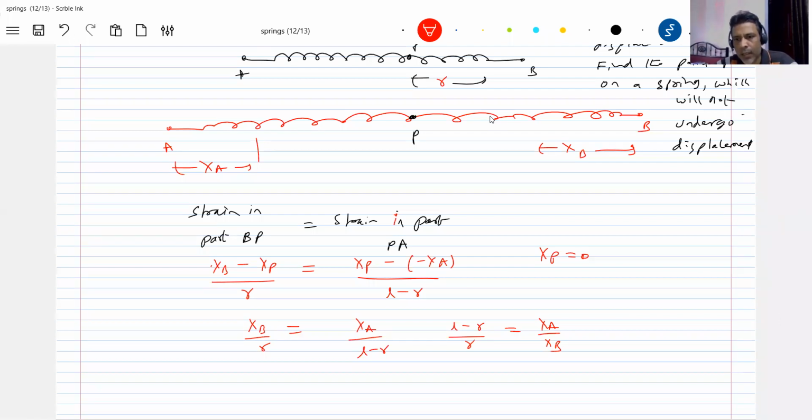So L by R minus 1 is equal to XA by XB. Further, L by R is equal to 1 plus XA by XB. So R is equal to XB times L by XA plus XB. So this is the location of the point which will be at rest, at this particular distance from the end B.